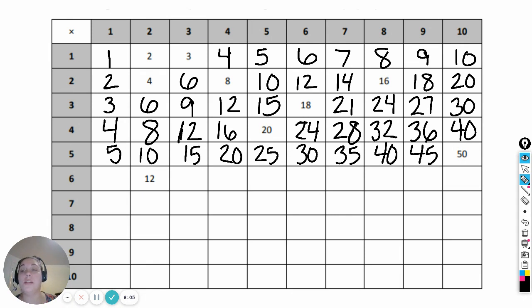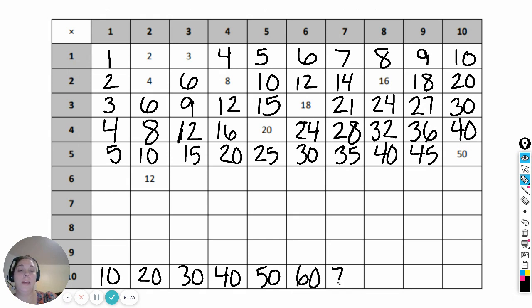Because we haven't learned how to do 6s, 7s, 8s, 9s yet, I'm going to skip that for now. I'm going to go all the way down to 10s. I'm going to skip count by 10s. 10, 20, 30, 40, 50, 60, 70, 80, 90, and 100.